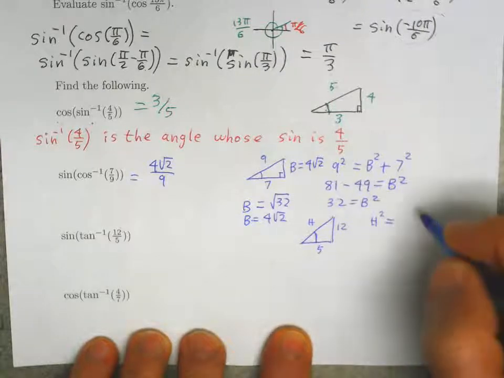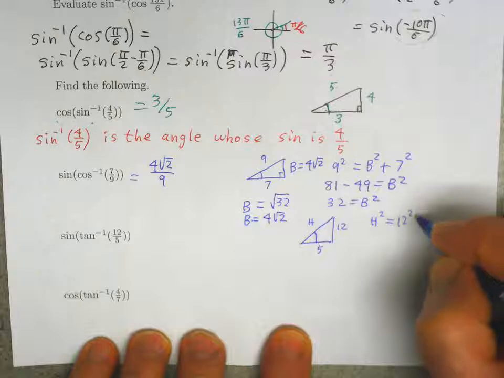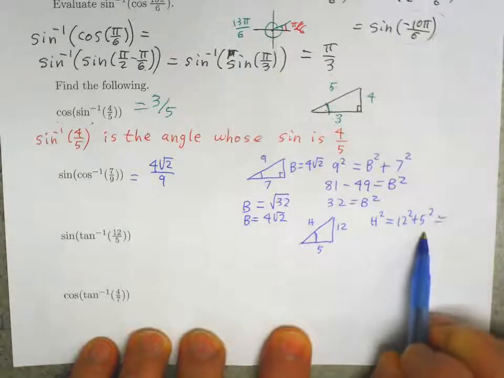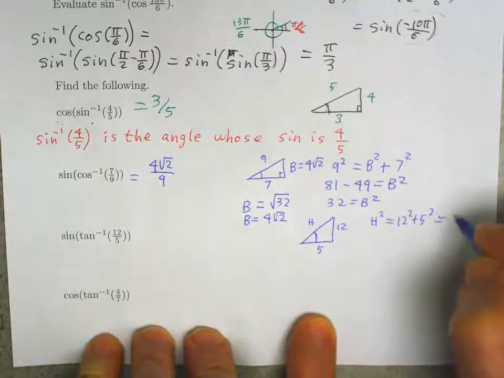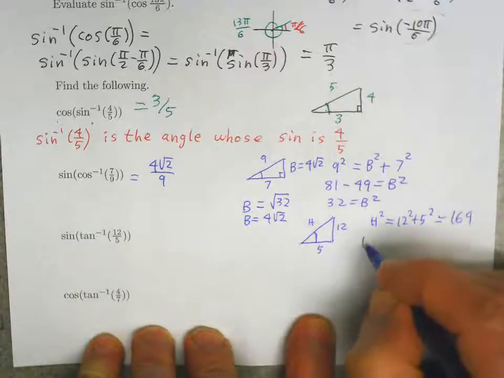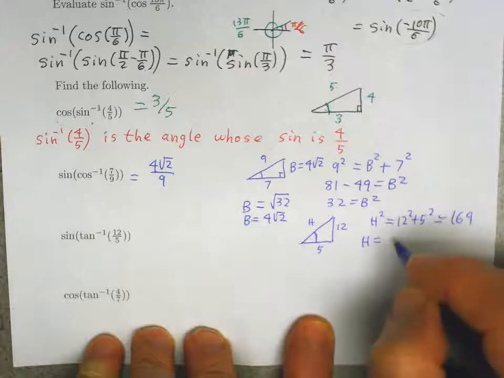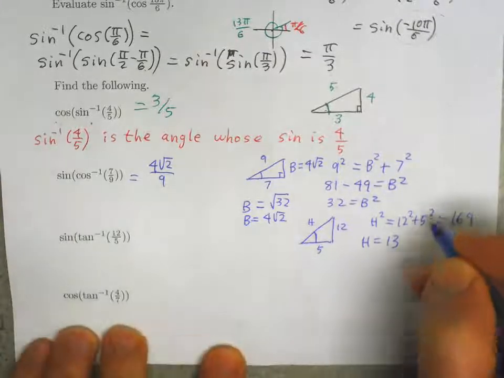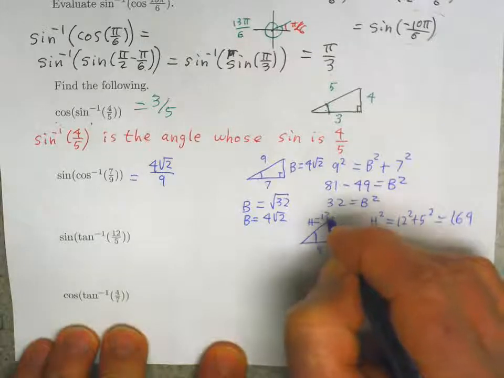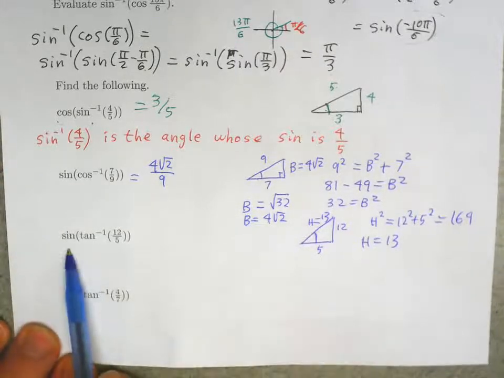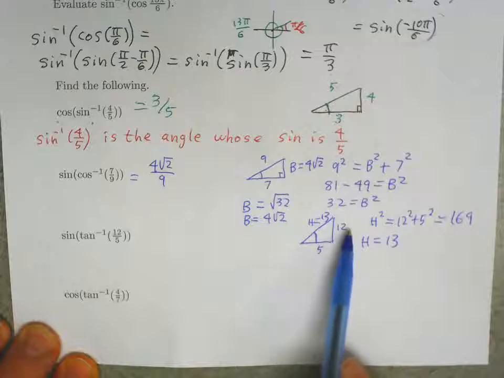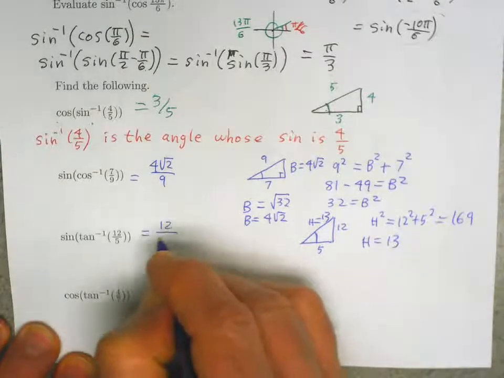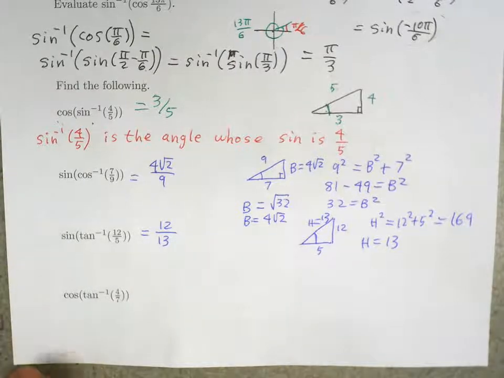So the hypotenuse squared is equal to 12 squared plus 5 squared. 144 plus 25 is 169. And we want the positive square root, so the square root of 169 is exactly 13. So the sine of that angle is opposite over hypotenuse, so this is 12/13.